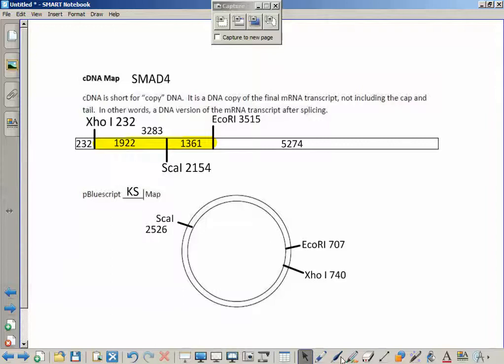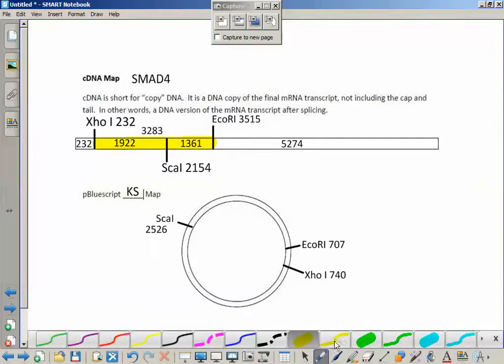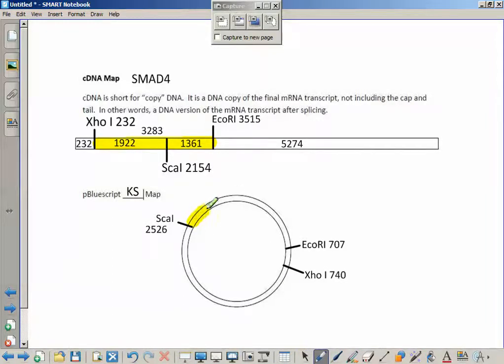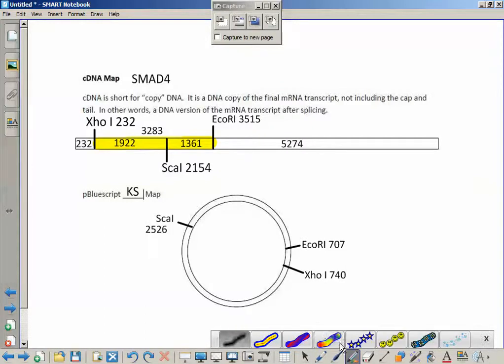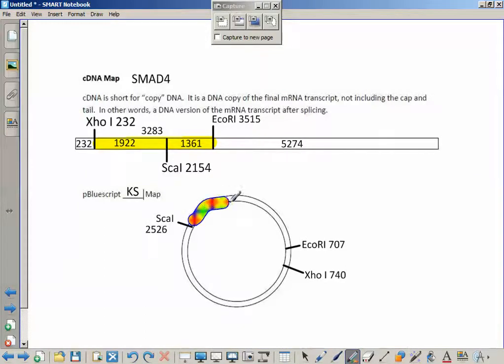Okay, so now what you need to do is figure out your total fragment lengths for each. Keep in mind, hold on a sec, let me get a different color. You want to figure out this piece here.